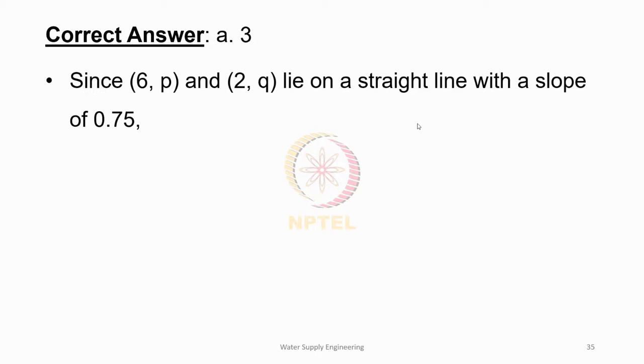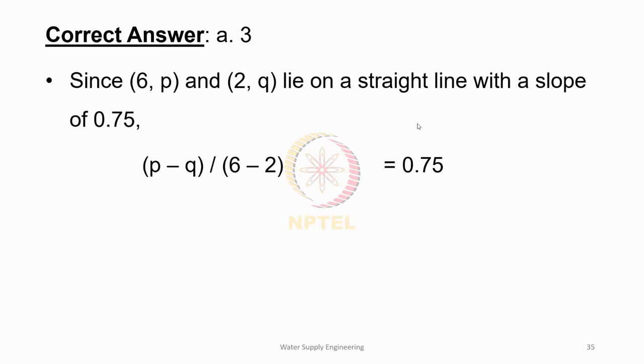So we know that since 6 comma p and 2 comma q lie on a straight line with a slope 0.75, we know how to determine the slope of a line with the points x1 y1 and x2 y2, right? That is y1 minus y2 by x1 minus x2.